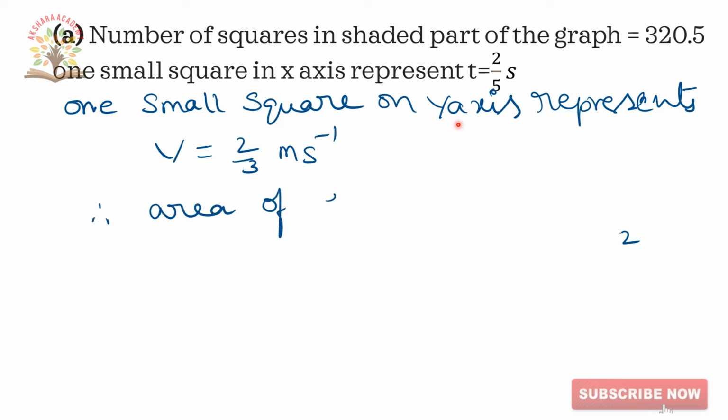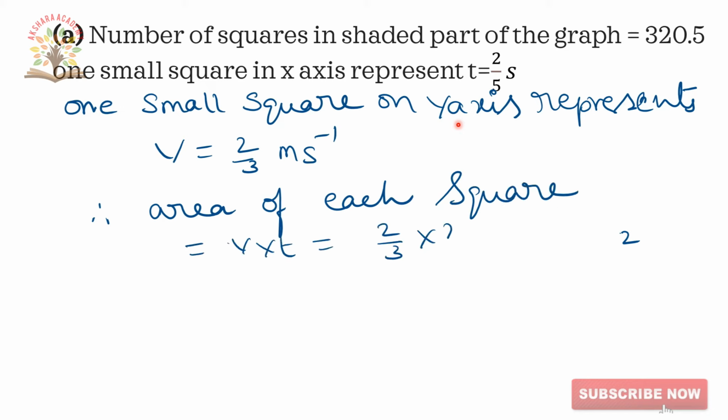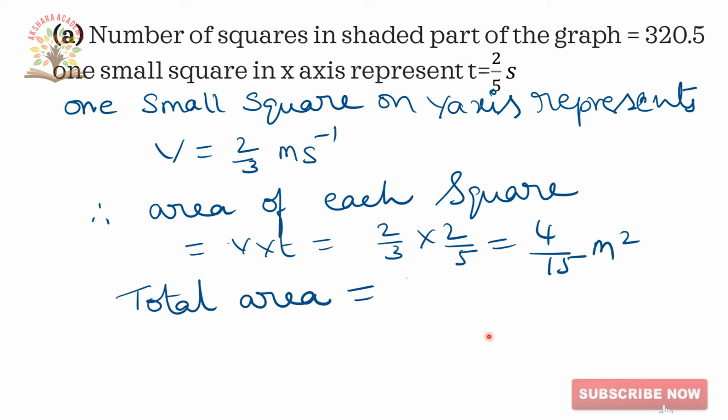So therefore area of each square is equal to v into t, 2 by 3 into 2 by 5, 2 twos are 4, 4 into 3 fives are 15. So total area 61.5 into 4 by 15. The answer is 16.4 meter square. Okay. Next we will go to the question B.